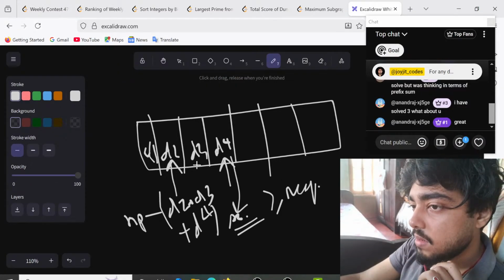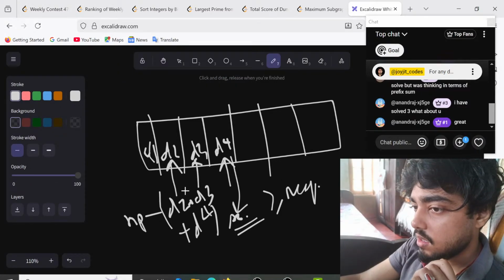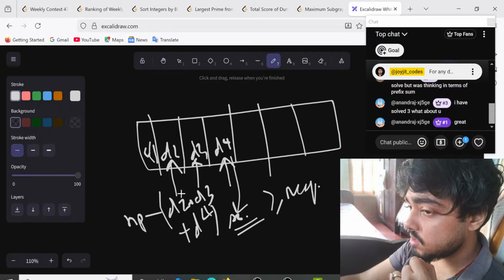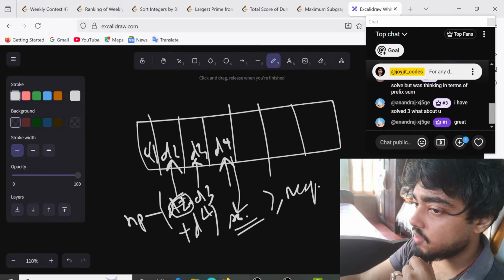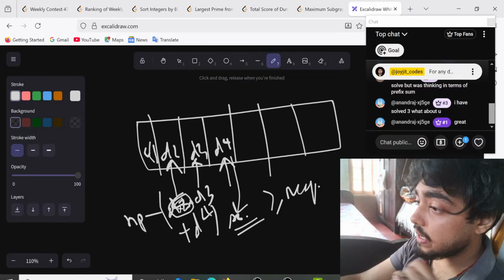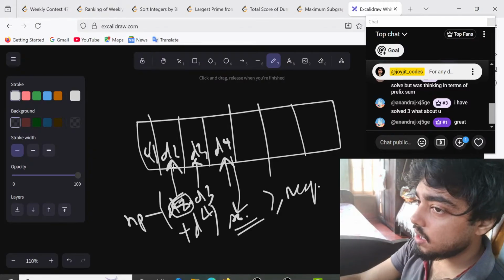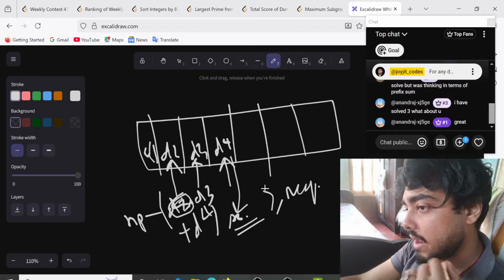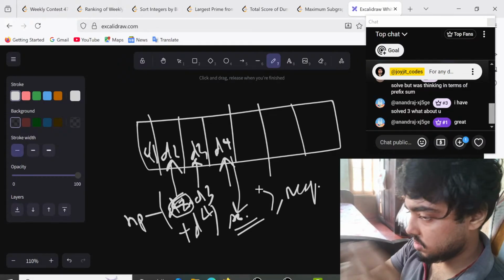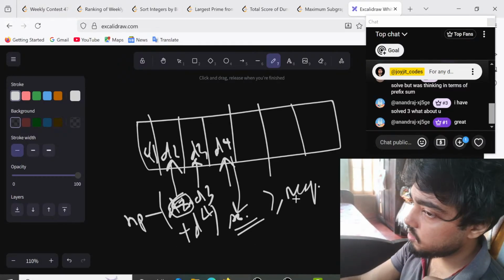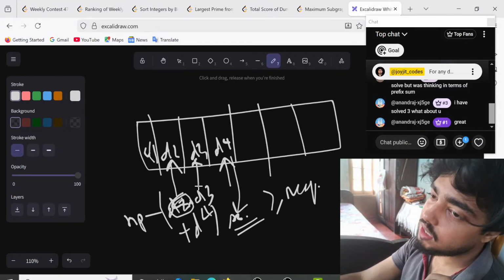Now see one thing. If I start from d3, earlier I was subtracting d2, now I will start from d3, right? So it is already possible. If I start from this cell and I can reach till this cell with the whole health greater than or equal to the requirement, then if I start from this cell, then also it is possible.